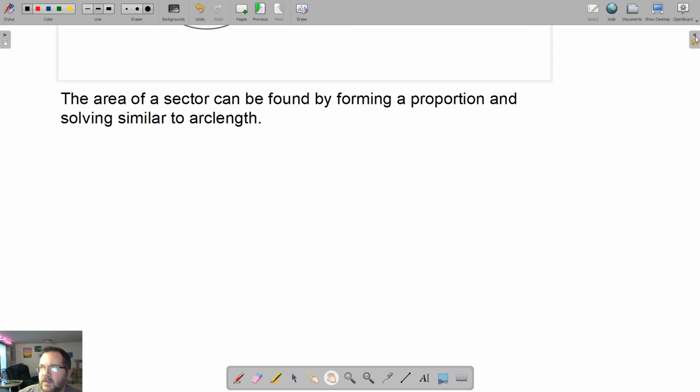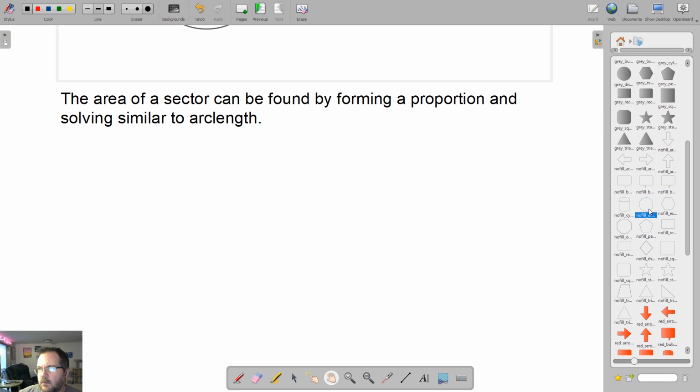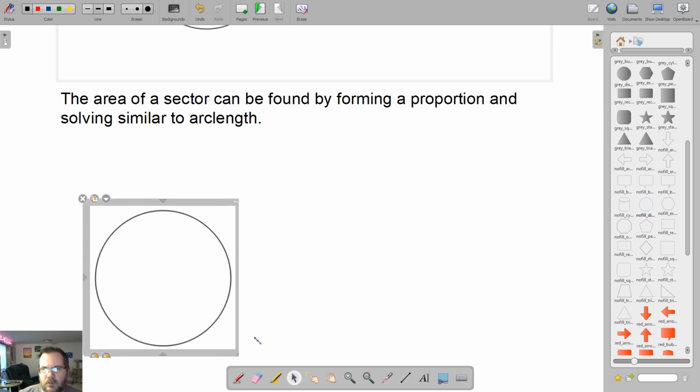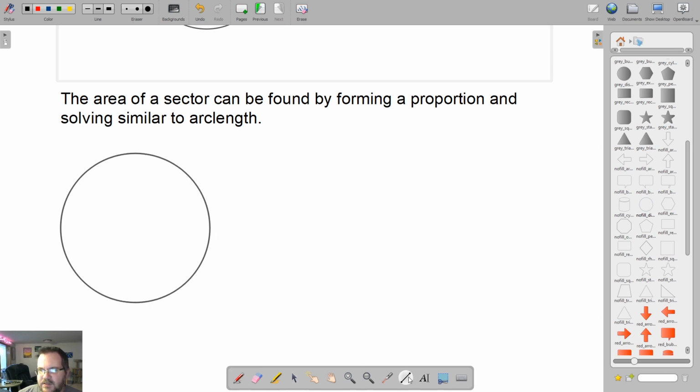So let's say that we have a circle here. Again, I'm going to put a circle. It's big. Put it there. Now, a sector area would be an area that comes from like a slice of a pie of this circle. Now, in this case, I'm going to give you some information.